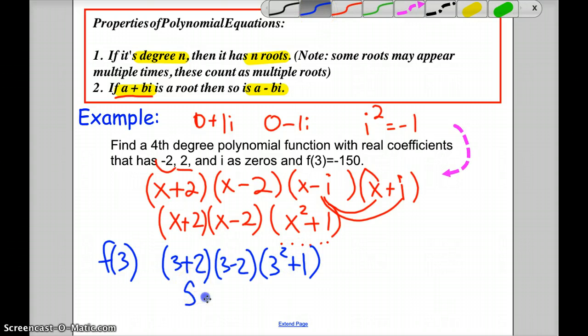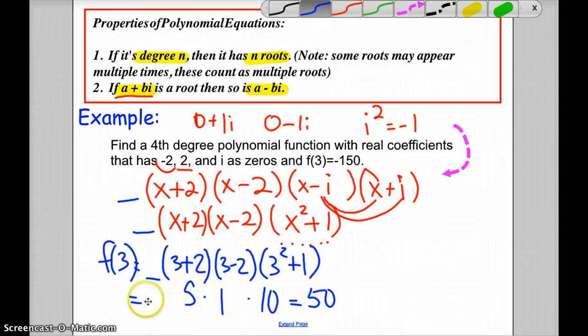Looks like I'm going to get 5 times 1 times 10. I'm only going to get 50. I need to get 150. So think about the one thing that we're missing, this constant term in front, this multiplier, the stretch factor. So f of 3, the only way to get 150 is, let's see, I'm going to get 50 here.